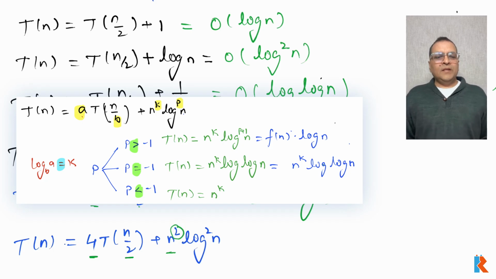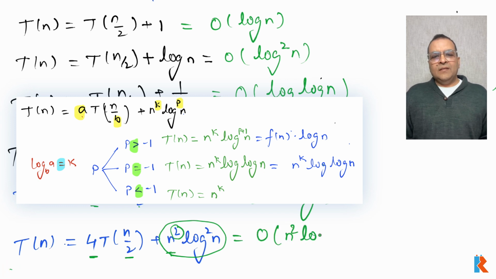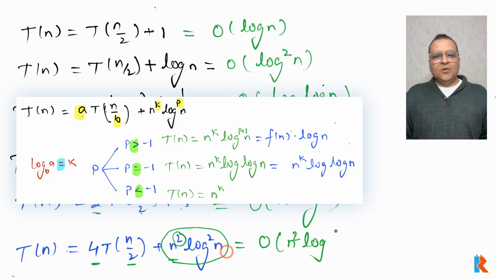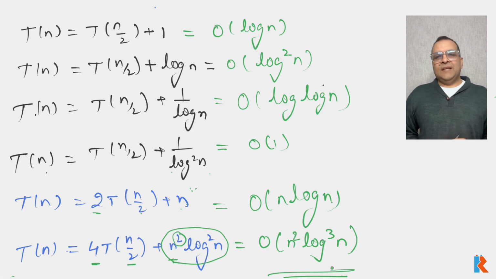Therefore, log of a to the base b is equal to k. The value of p is 2, which is greater than minus 1. If it is greater than minus 1, then we just multiply this function with log n. Therefore, this entire T(n) is equal to big O of n square log square n into log n, which means log cube n. This is as simple as this.